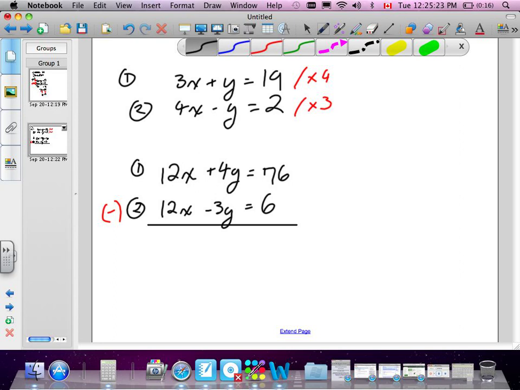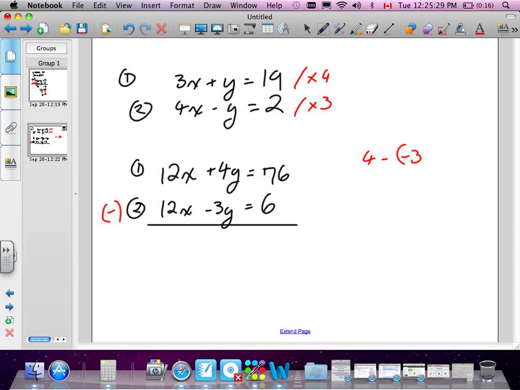12x subtract 12x will be 0. 4 subtract negative 3. So that's going to look like this. 4 subtract negative 3, that's right. We're going to end up at 7, so we get positive 7y. 76 subtract 6. Good.